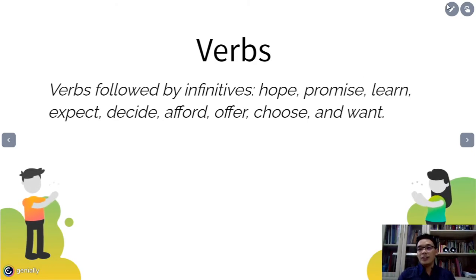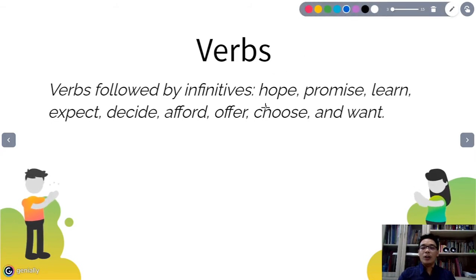They may change into verb 2, verb 3, ing form. So it is possible for you to say, let's take a look at hope. I hope to go home early. She hopes to go home early.